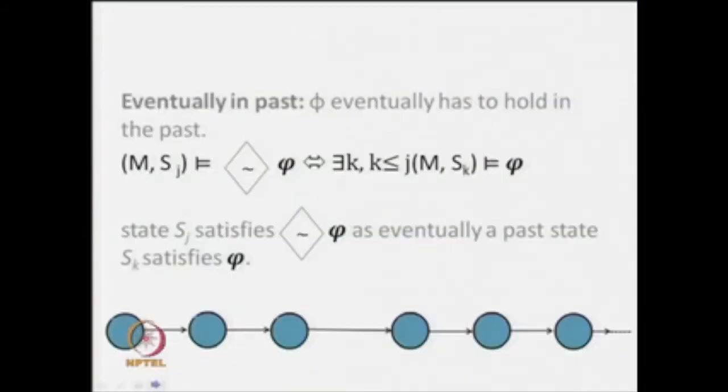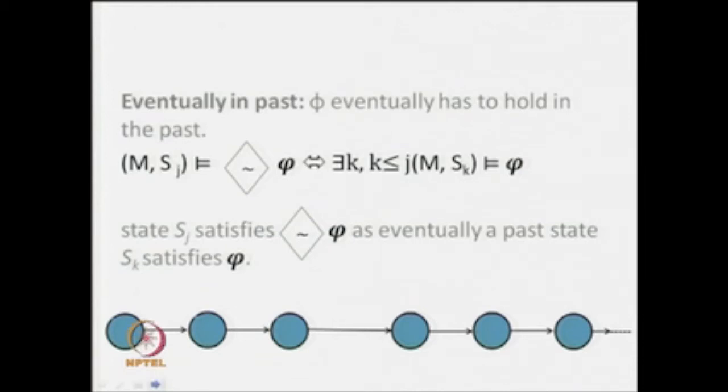Now, the second one is eventually in past. This is similar to future. In case of future, you are saying that if we are in a particular state, in future something is going to happen or not. In case of eventually in past, from a particular state, we are going to say whether something happened in the past or not.